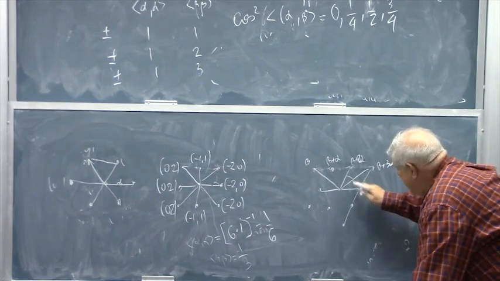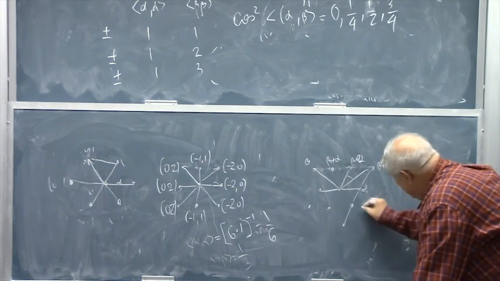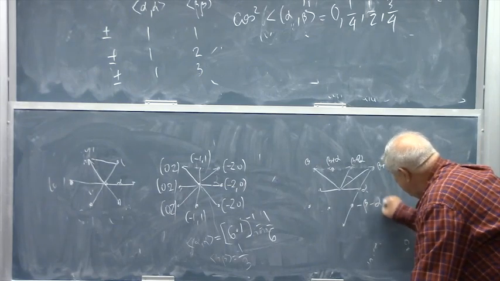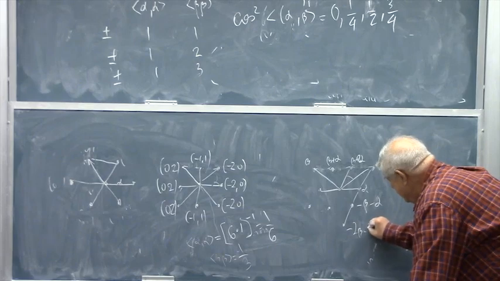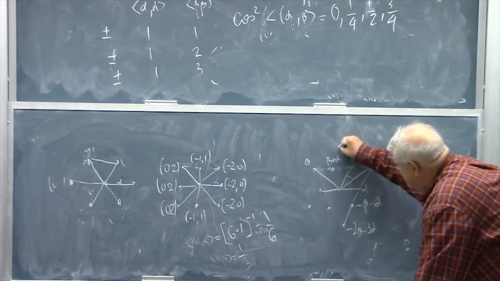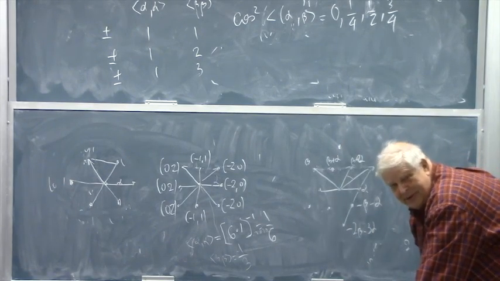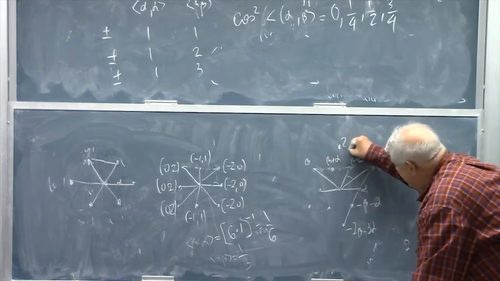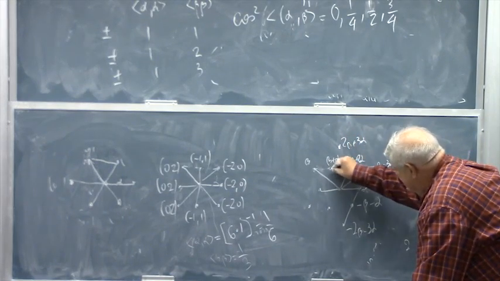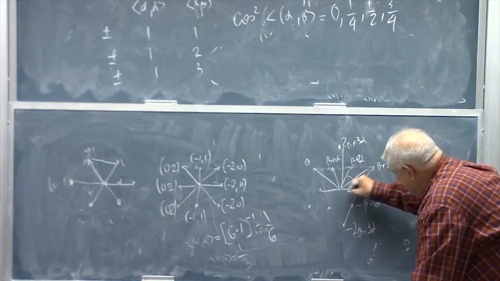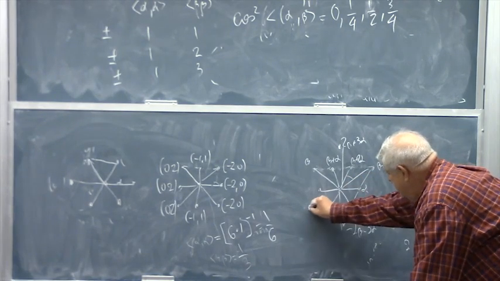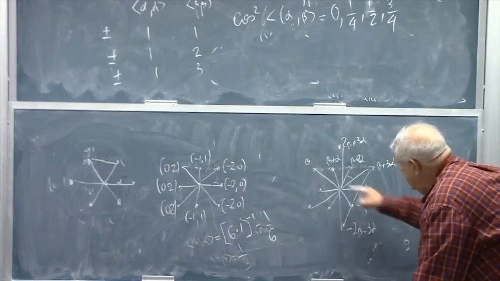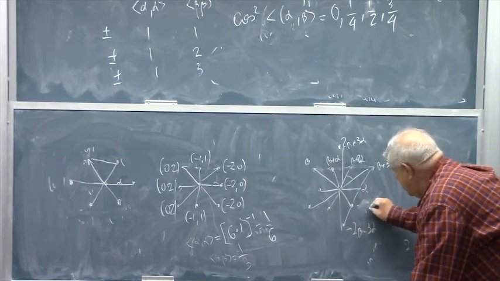So the step is beta plus 2 alpha, minus beta minus alpha, and then minus 2 beta minus 3 alpha. And a vector here which is symmetric to it, which is 2 beta plus 3 alpha. Negative beta should be somewhere here.